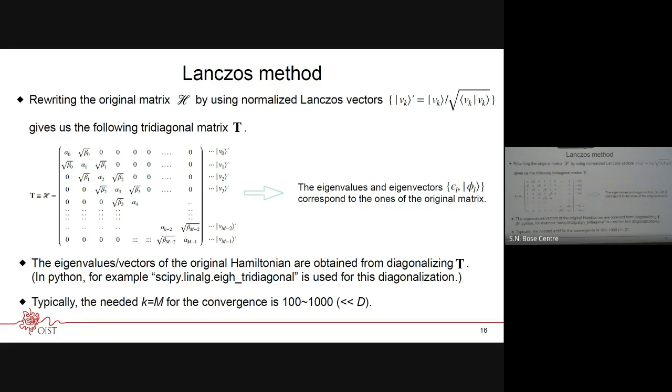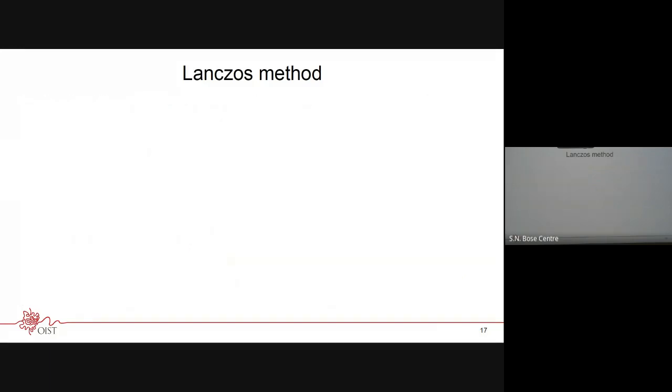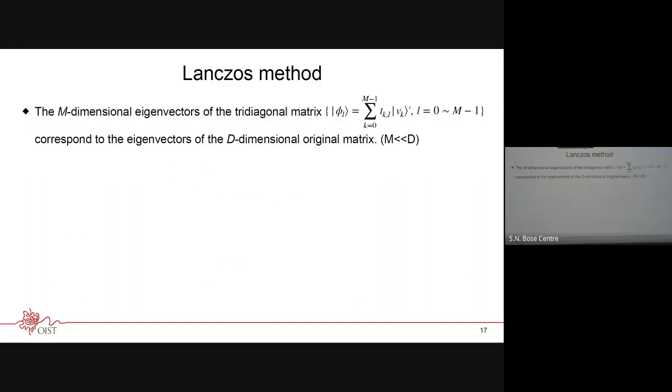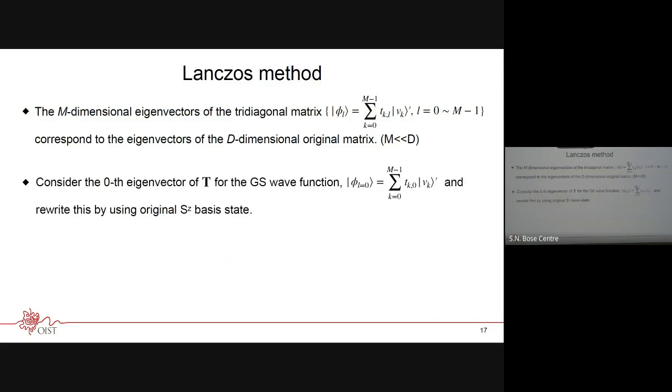So we should rewrite these obtained eigenvectors in the basis of the original spin basis, the Sz basis. The eigenvectors we get from diagonalizing the tridiagonal matrix are written in this form, in terms of the normalized Lanczos vectors. So we should rewrite this eigenvector in the form of the original spin Sz basis.